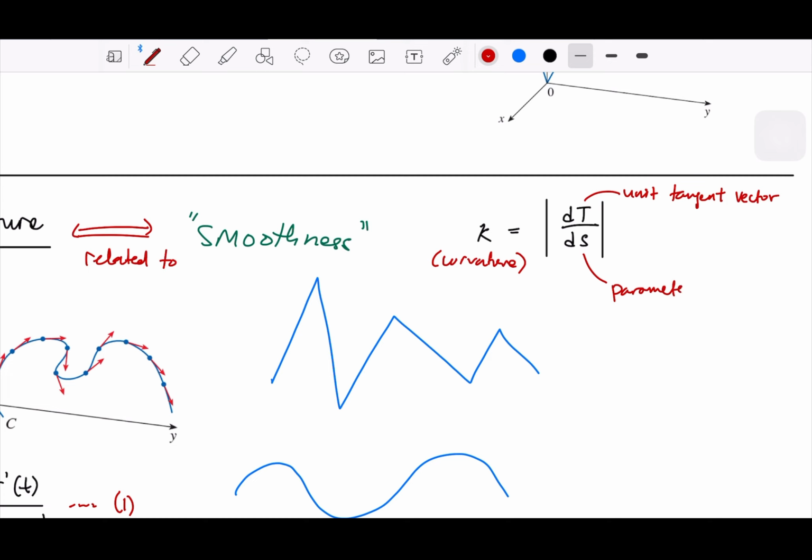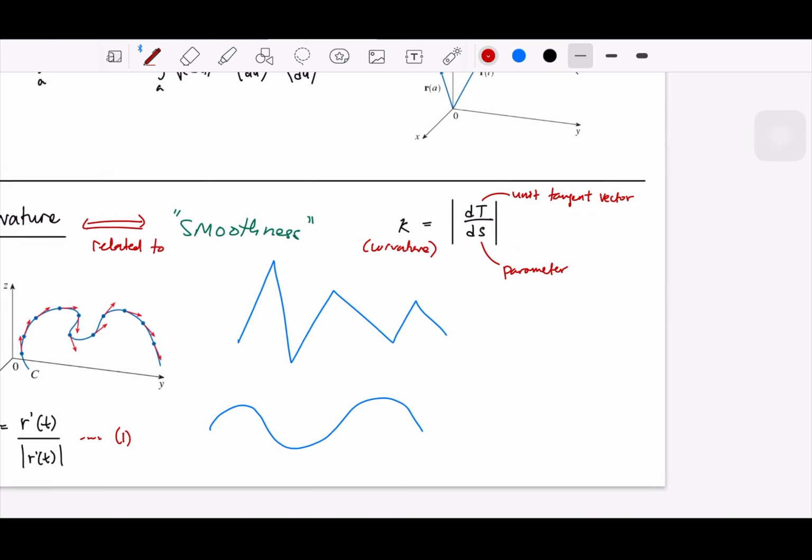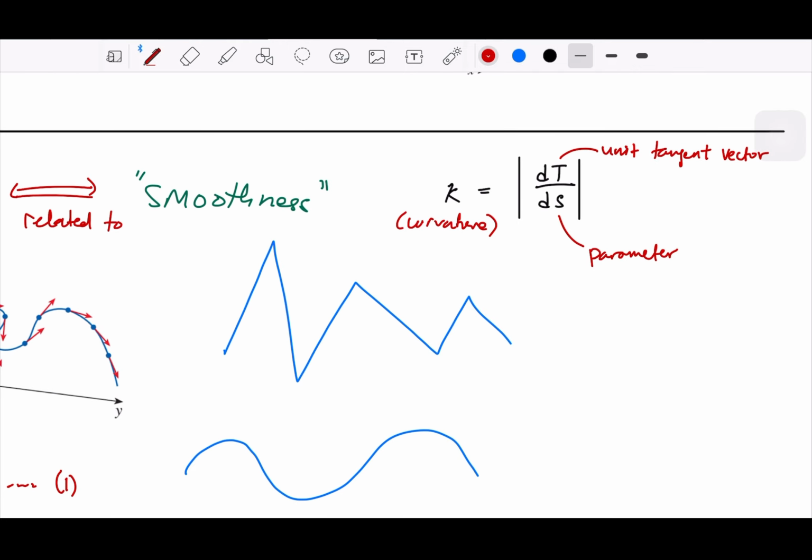And there are some relations that we can make to see the curvature more generally, because we are taking x as our parameter. Maybe we take t to make it easier to look at.